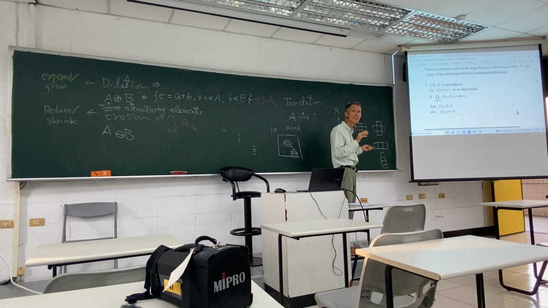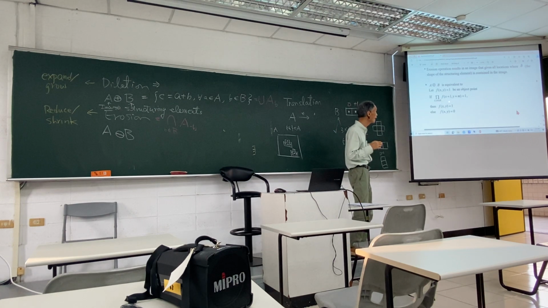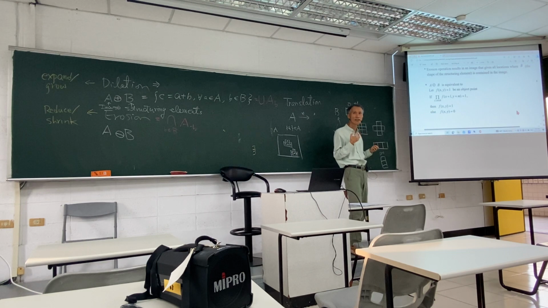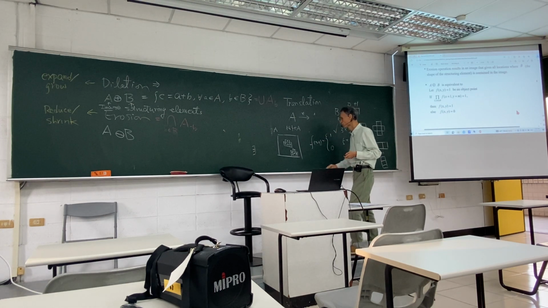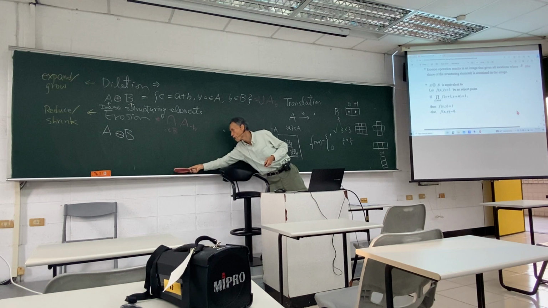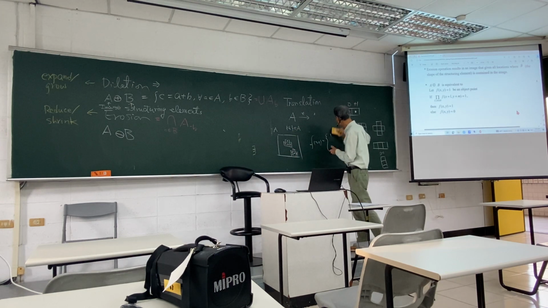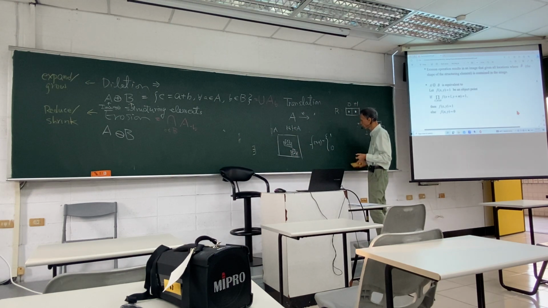The multiplication must also be 1, which means any of its neighbors cannot be 0, cannot be background, right? I define f of xy will be 1, okay, or 0, then this will be true, okay?